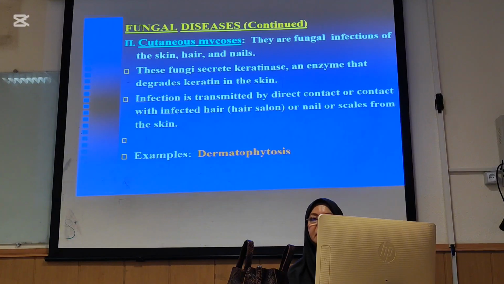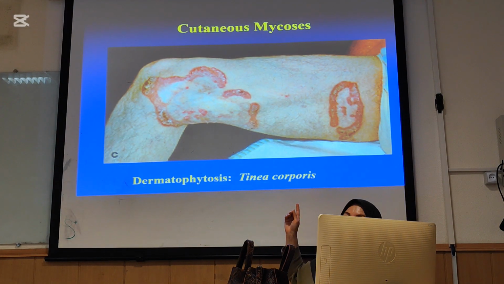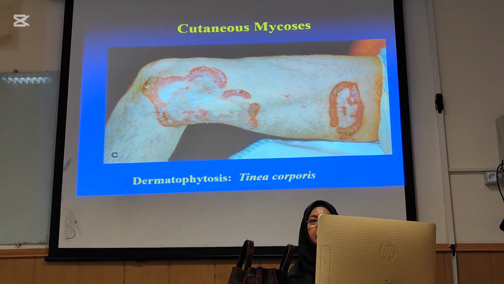A very important example of cutaneous mycosis is dermatophytosis. As you see in this picture, you can see dermatophytosis of the trunk. Trunk means body from the neck up to the groin.